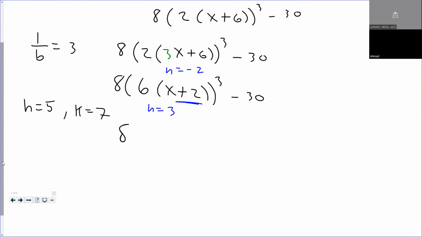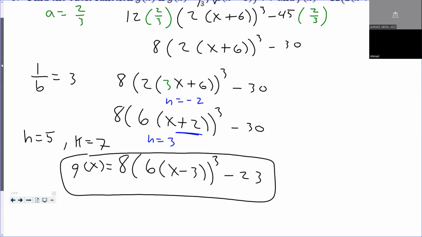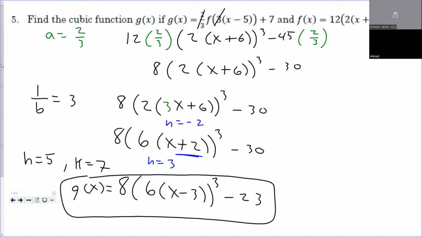So you plug that in, you get x minus 3 cubed. And then I'm going to add 7 to that -30 to get -20. And that's what g of x is. That's what they tell me in the formula. So it tells me 1/b is 3. Right, that 3 inside that thing.